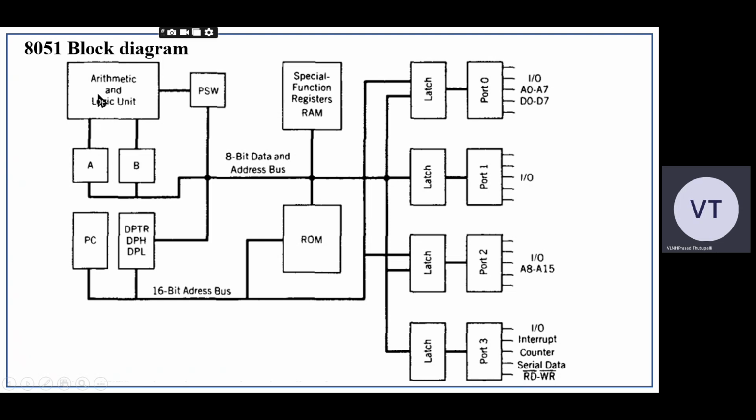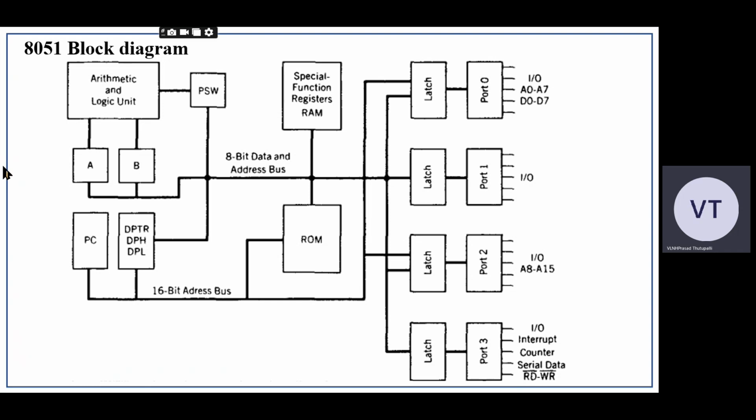This block is the arithmetic and logic unit, which performs arithmetic and logical operations. And this is A and B. The A and B registers are 8-bit registers used to store data temporarily for arithmetic and logical operations.